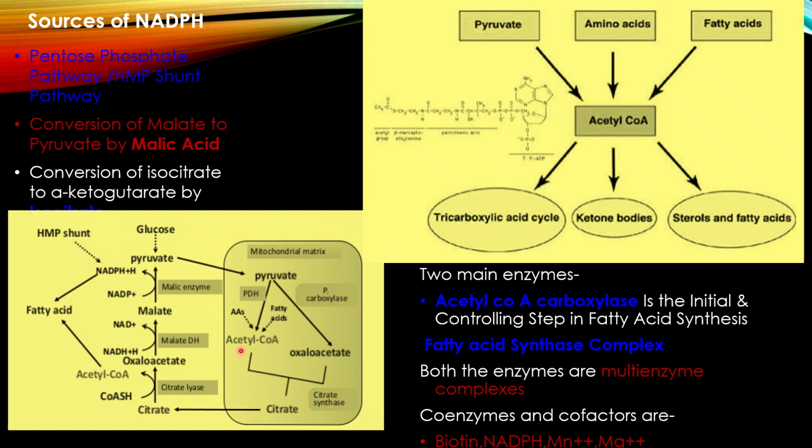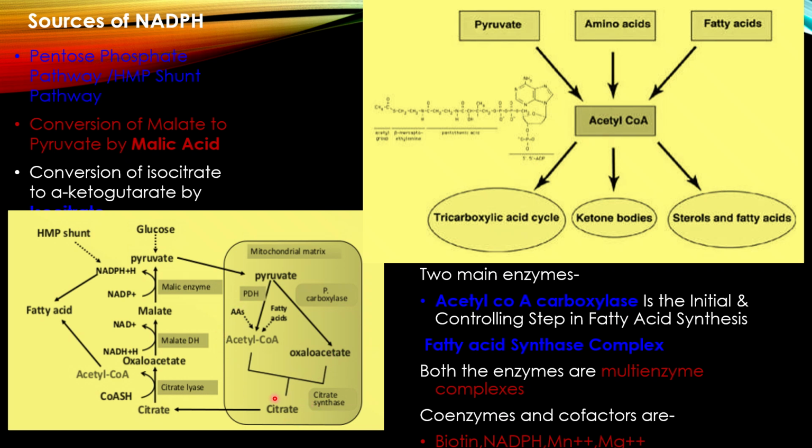We can see here that acetyl coenzyme A combines with oxaloacetate via the citrate synthase enzyme and is converted into citrate, and this is the first important reaction of the Krebs cycle as well. Citrate formed can be further converted into isocitrate and further to alpha-ketoglutarate to propagate the Krebs cycle.